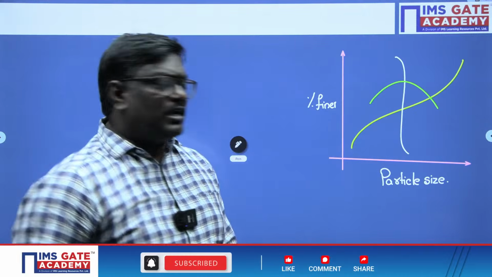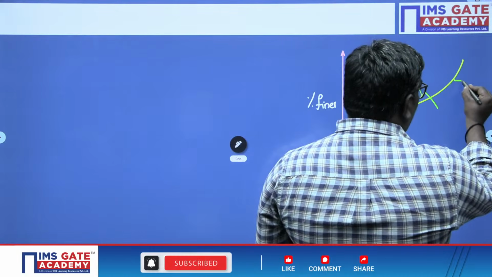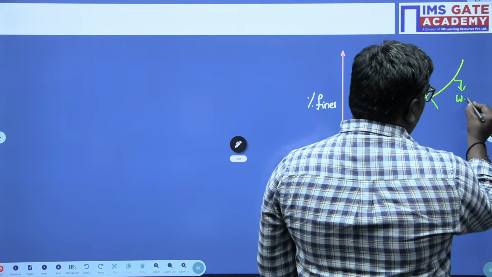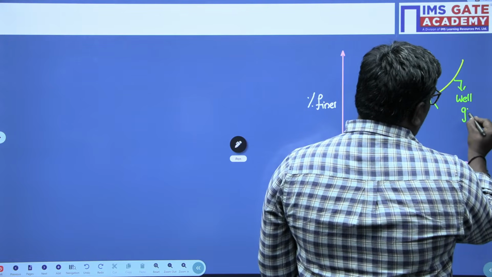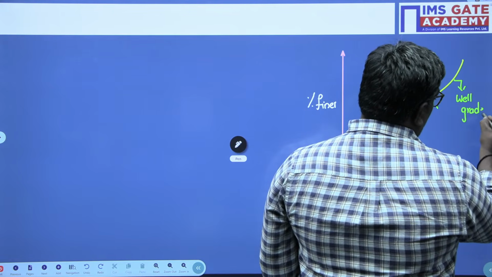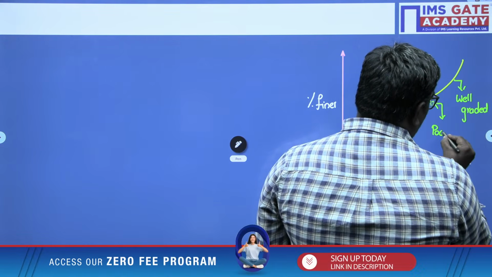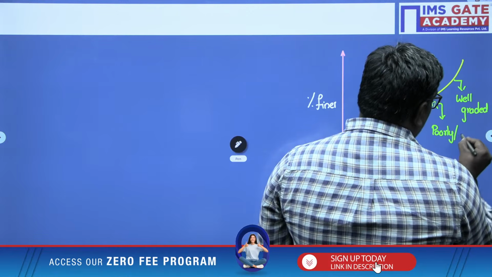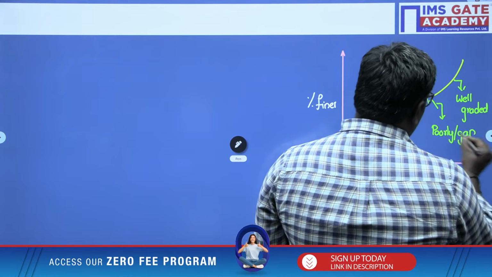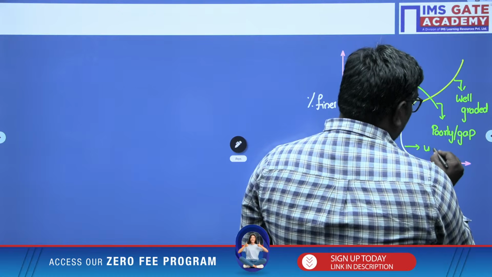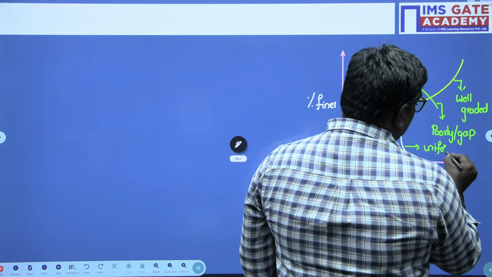So here, what are the different types of soils we have? We consider this as well graded, this as poorly graded, or we can also call it gap graded, and this is called uniformly graded.